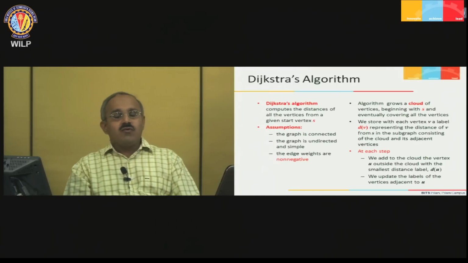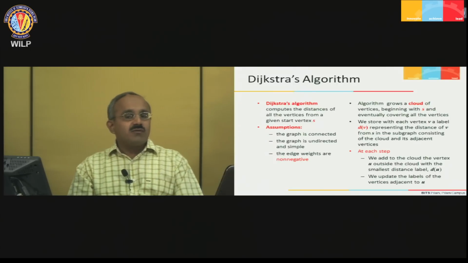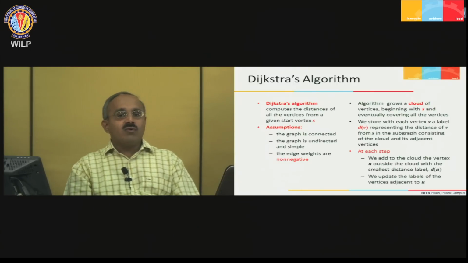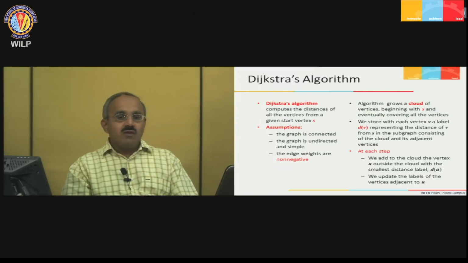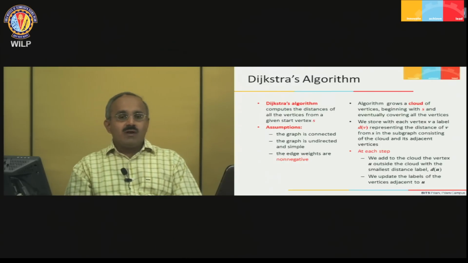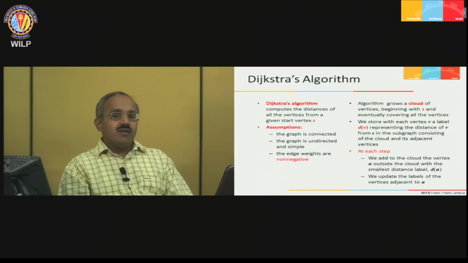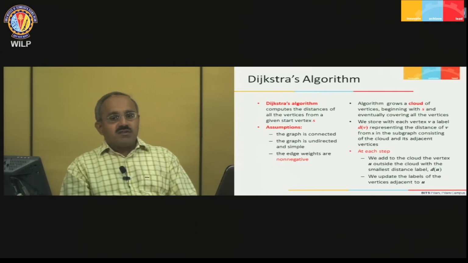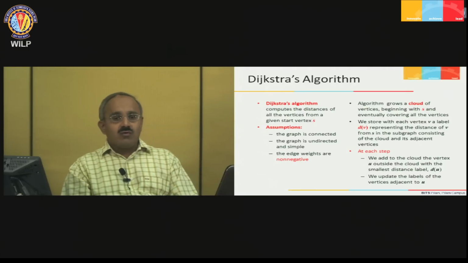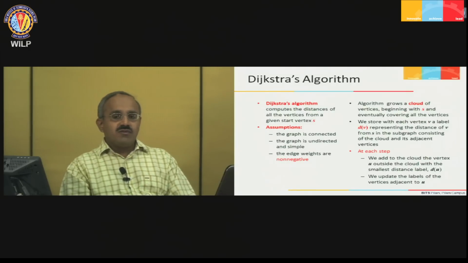So, dv is going to give us the current estimate of the distance of v from the source vertex. For every v, dv is our current estimate of the length of the path from S to v, the length of the best path. Correct? So, we are always going to talk about a path which is of least cost.